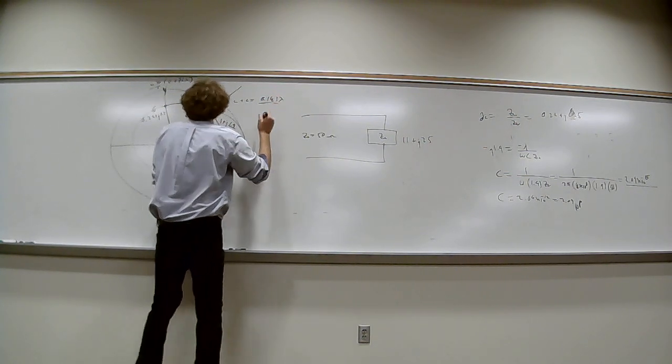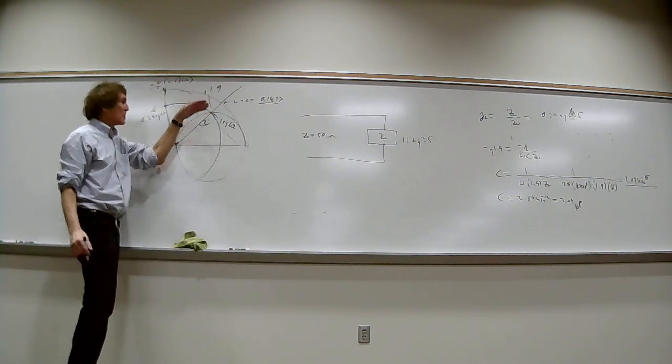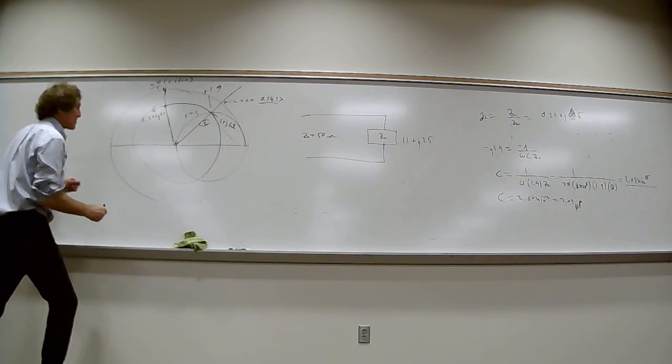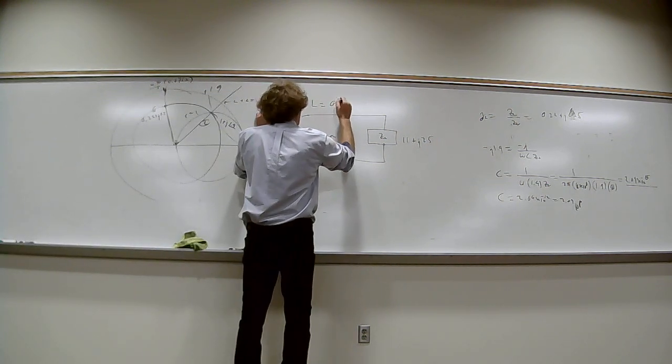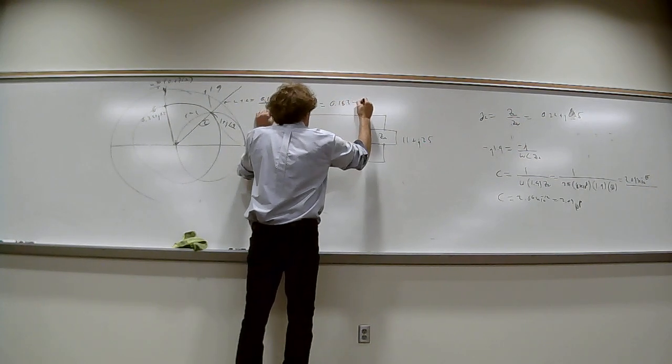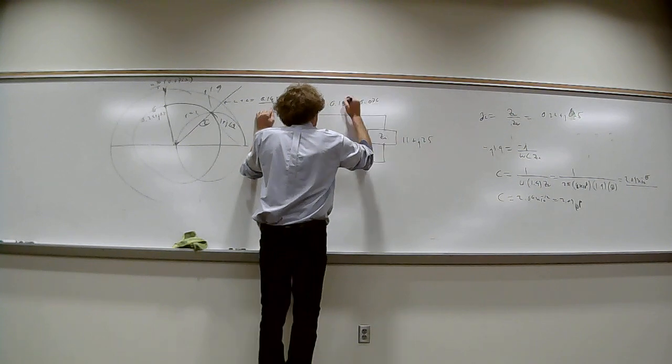Now, the distance, you always go from the place you landed minus the place you came from. So the actual length of this line right here in wavelengths, and it's small, is 0.183 minus 0.076 lambda.